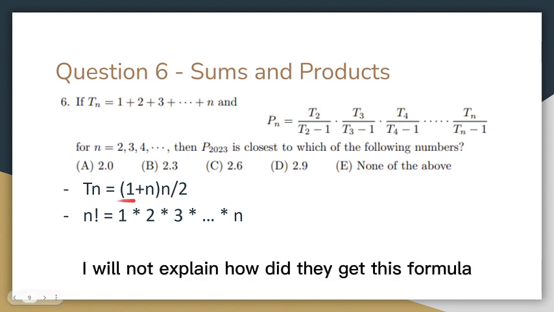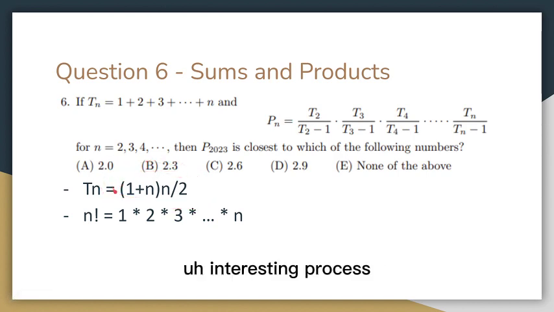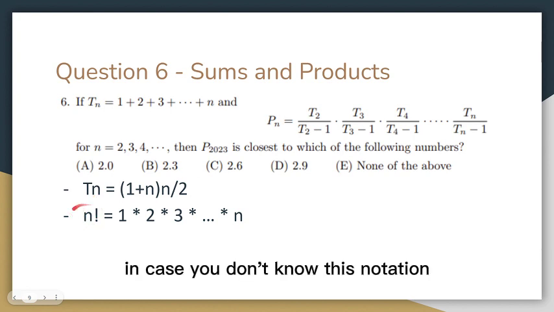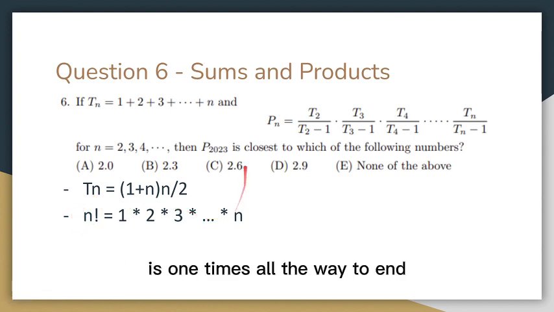I will not explain how they get this formula, but it's a pretty interesting process. And n factorial, in case you don't know this notation, is 1 times all the way to n.